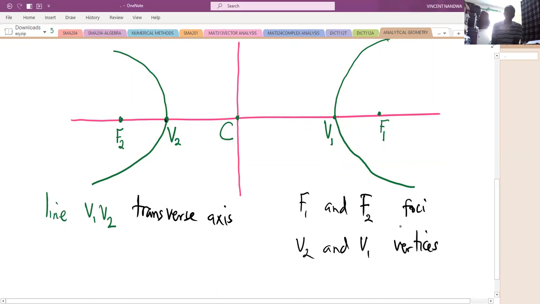And then if you draw a line through the foci, joining the arms of the hyperbola, and we call the endpoints L1, L2, M1, M2, then each of these two lines is called a latus rectum.